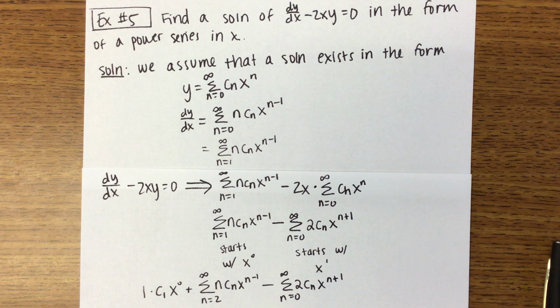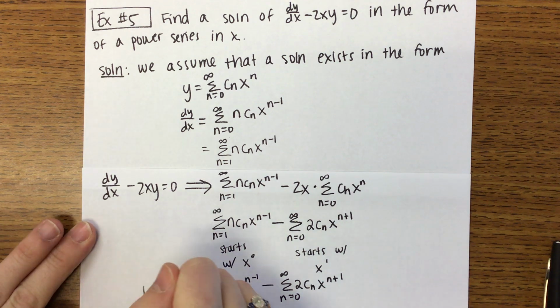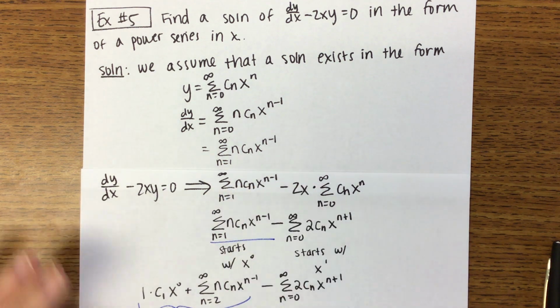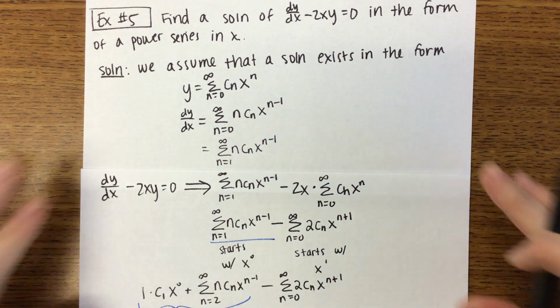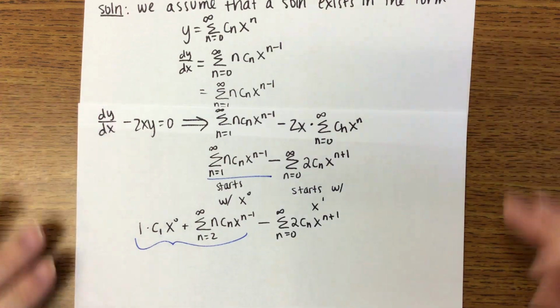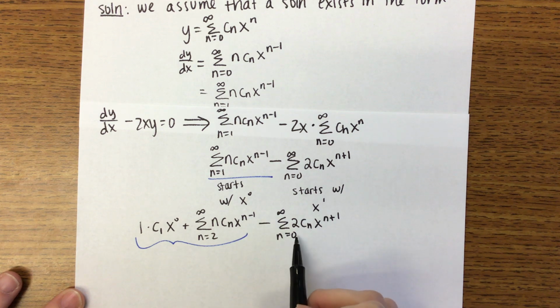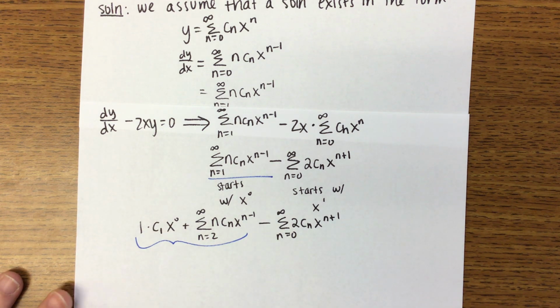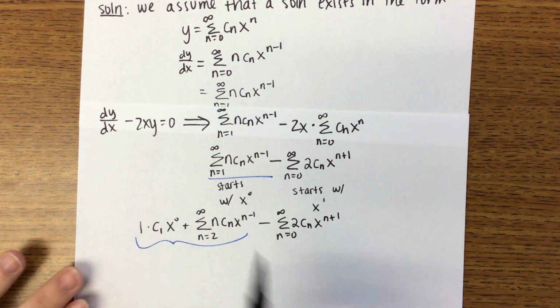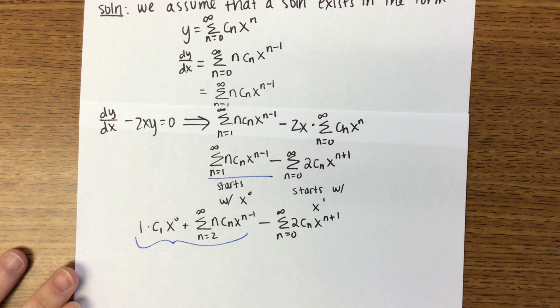So this is just the same as that term. All I did was take out the first term. Now if we check, if we plug in 2, we have x to the first. If we plug in 0, we have x to the first. So that's good. But we start at n equals 2 and n equals 0.